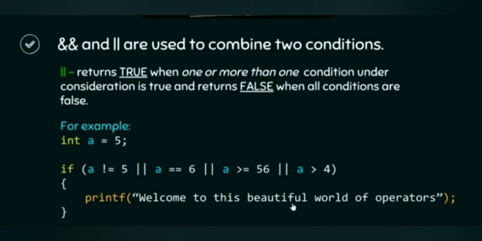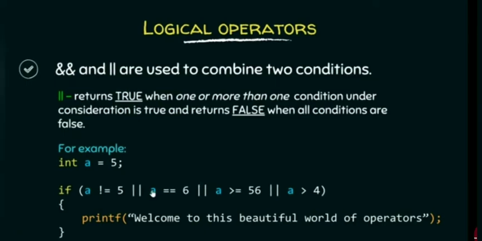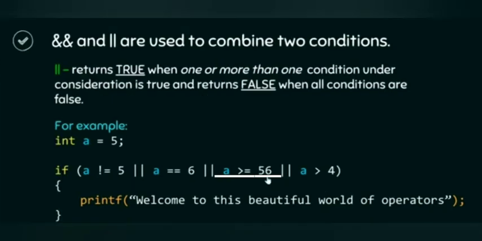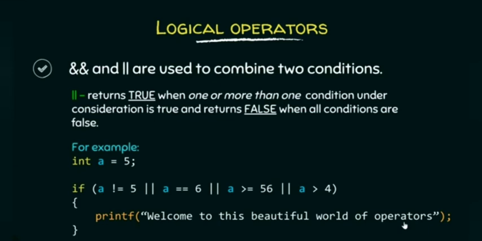We know 5 is equal to 5, but here we are using the operator not equal to. 5 is not equal to 5 is false, therefore this condition is false. 5 is equal to 6 is also false. 5 is greater than or equal to 56 is also false. 5 greater than 4 is true, and as one condition is satisfied, this whole expression will return true, and we are going to print this statement.